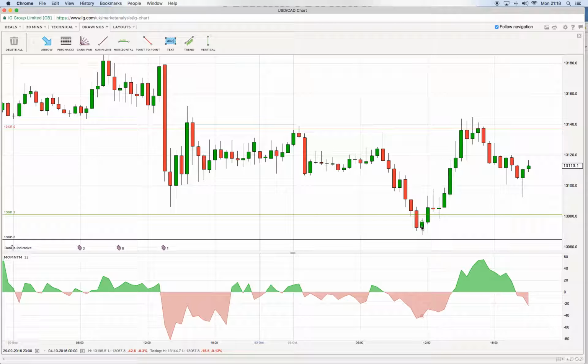That's telling us that something is changing here. This is called divergence: when the price makes a lower low but the momentum fails to make a lower low and instead makes a higher reading, we have a so-called bullish divergence.